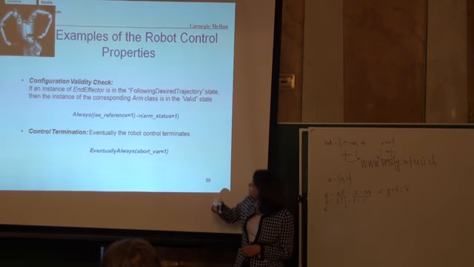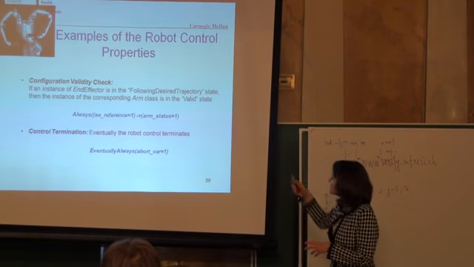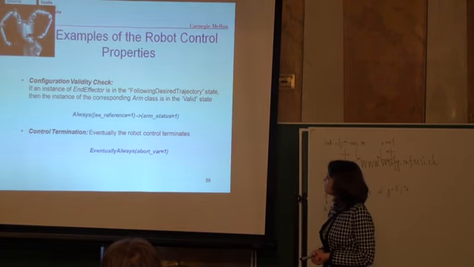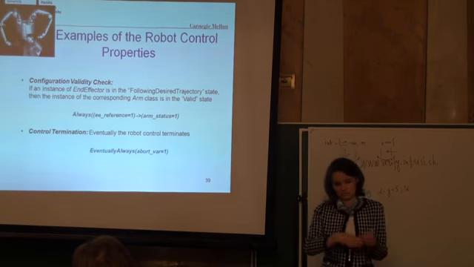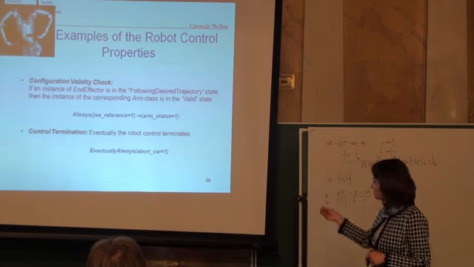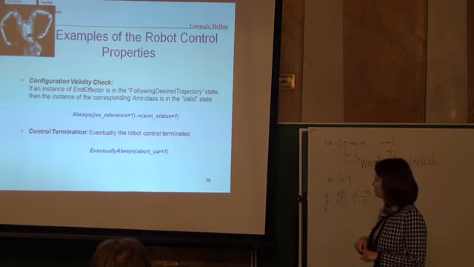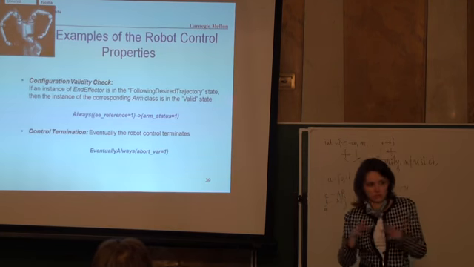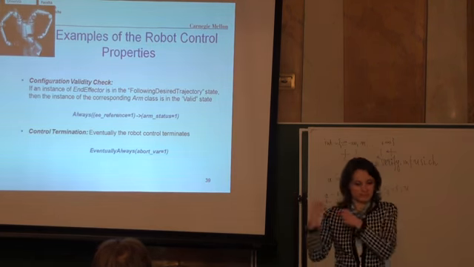Or with respect to the last joint of the robot arm, it says, if an instance of an end effector resides in the following design trajectory state, so there was an execution following some trajectory, then the instance of the arm class remains in the valid state. So it's just coordination of the way NASA engineers code it up.